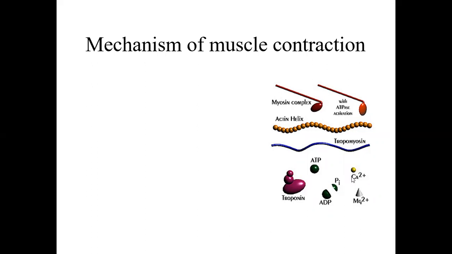After calcium attaches, tropomyosin is moved. After tropomyosin is moved, active sites are exposed, causing immediate attachment. Upon attachment, it will cause a power stroke, which will release ADP plus inorganic phosphate, leaving an empty pocket, magnesium ATP attaching to the empty pocket, magnesium activating ATPase cleaving the two, and it's a cycle.